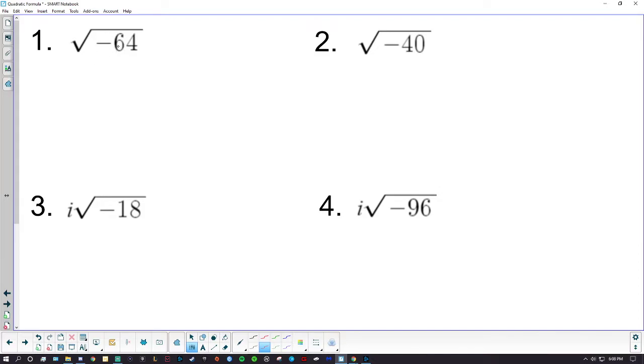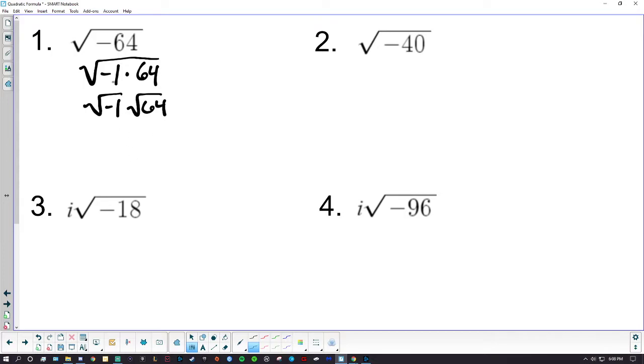We have a negative, and we need to take that negative out. So whenever you see a negative under the square root, the first thing you should do is pull out a -1. We can split this up into the square root of -1 times +64, which simplifies to square root of -1, square root of 64.